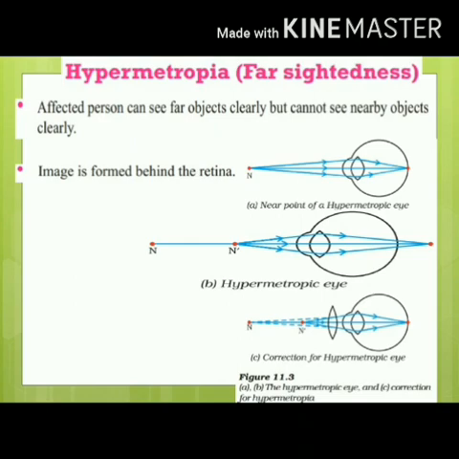And here the image is forming behind the retina, not in front of the retina like in myopia. It is happening behind the retina. Here also you can find three diagrams: the first one is the near point, the second one is the hypermetropic eye, and the third one is the correction.